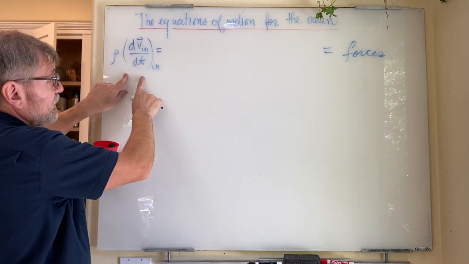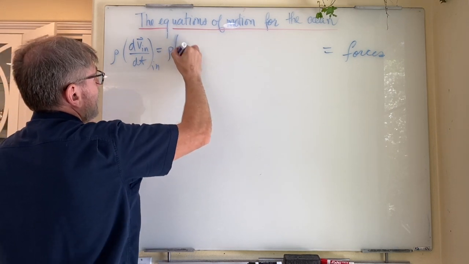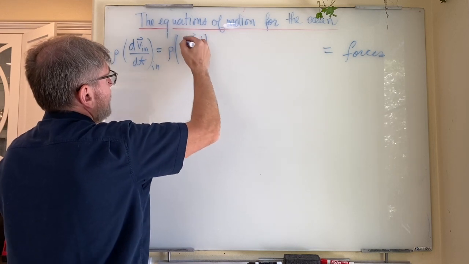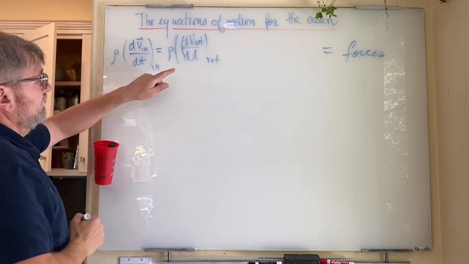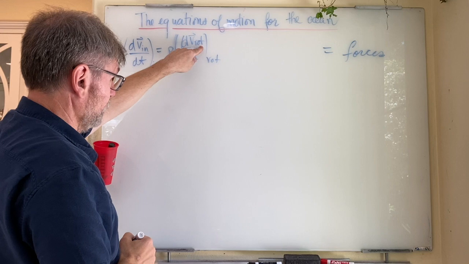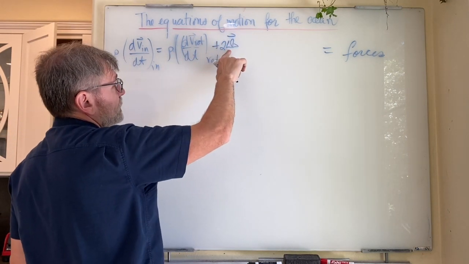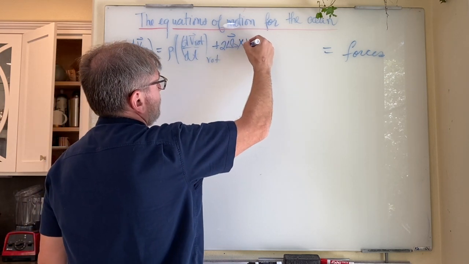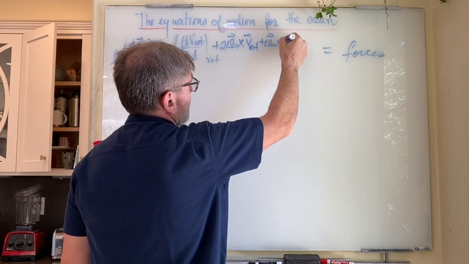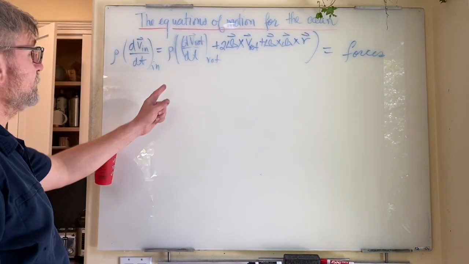And this can be written in the rotating coordinate frame as rho times dv in the rotating frame, the acceleration as viewed in the rotating frame of the velocity in the rotating frame, plus 2 times omega, the rotation vector for the Earth, crossed with the v in the rotating frame, plus omega cross omega cross r.